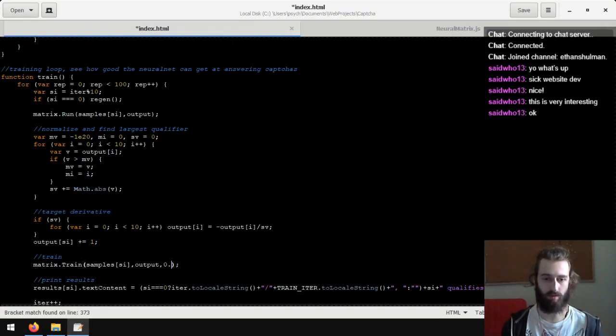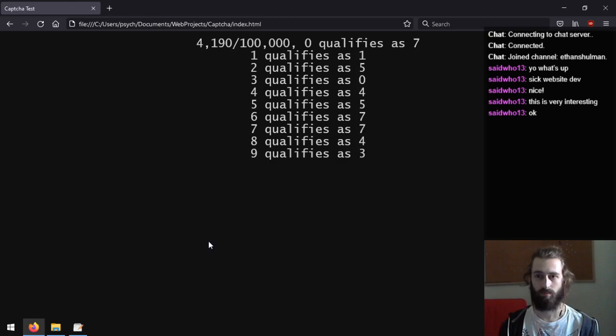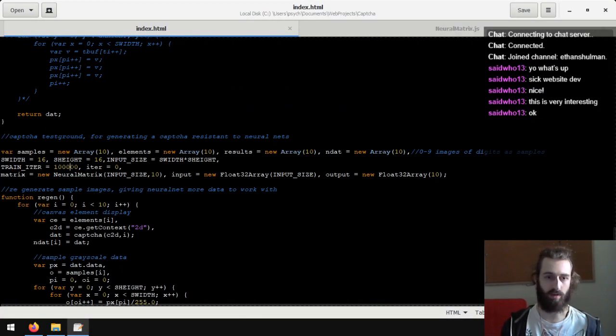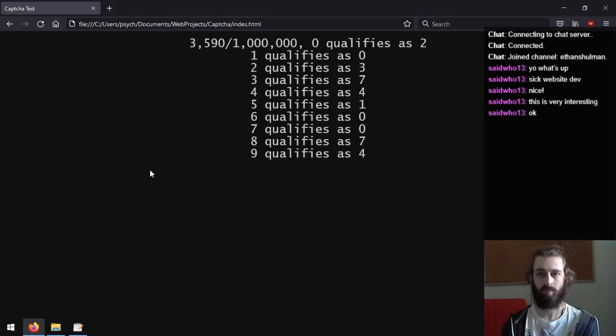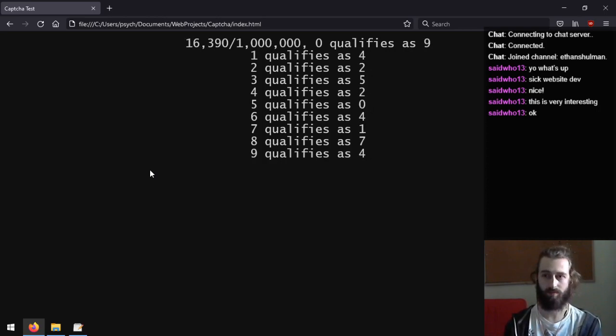We'll go for like 0.8 or something, and then I'll try to pump it with really high iterations, and we'll see if after all these it trains.